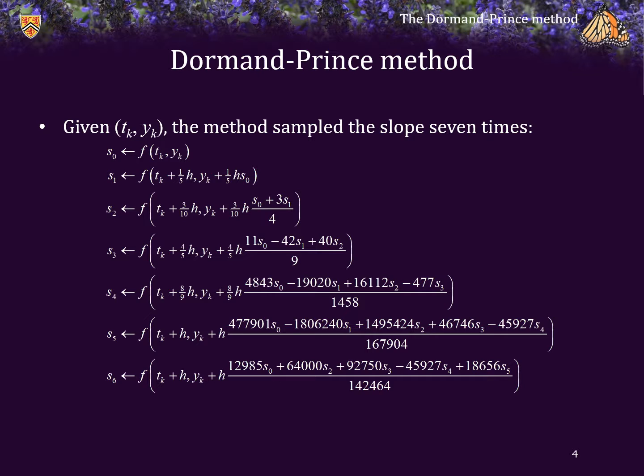Now, while we are calculating the last slope S6, it happens that the most accurate approximation is actually the value that is calculated there. So that's quite nice, because while we are calculating these slopes, we automatically are calculating the optimal approximation of the value at the next point.